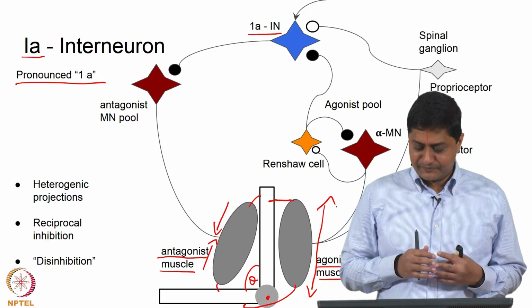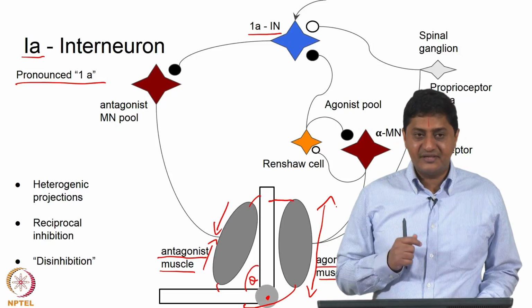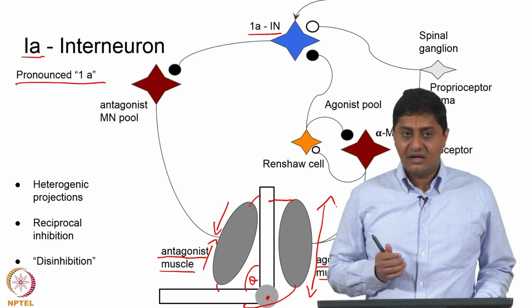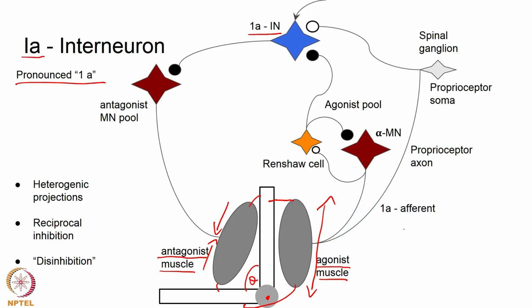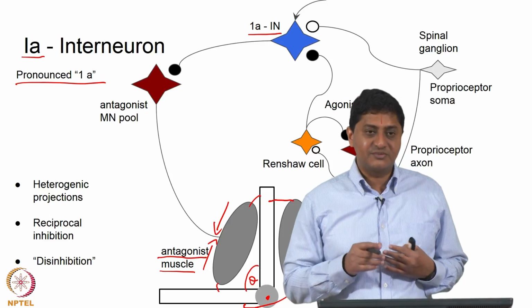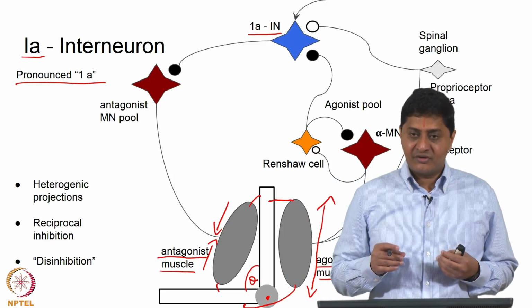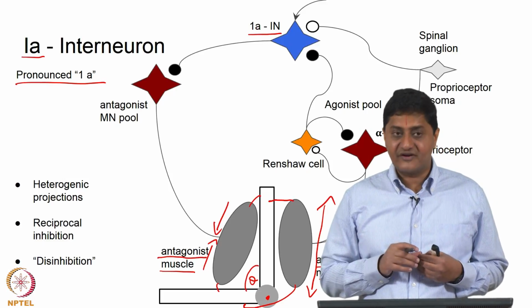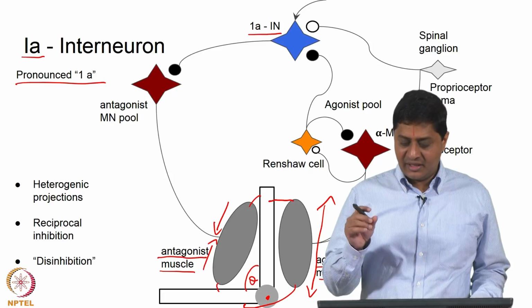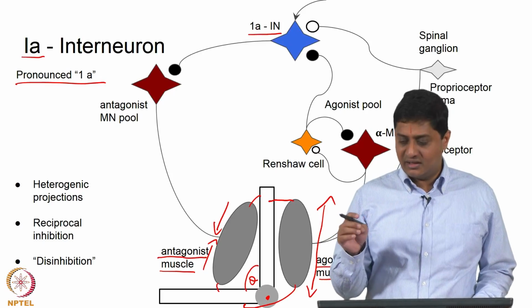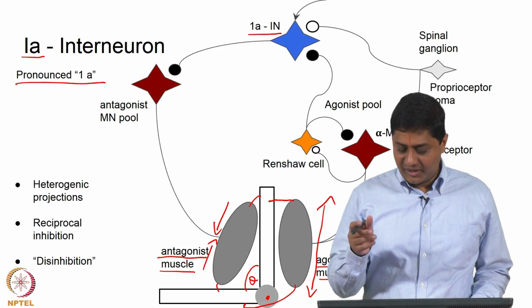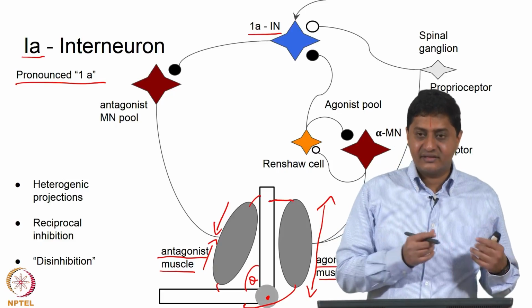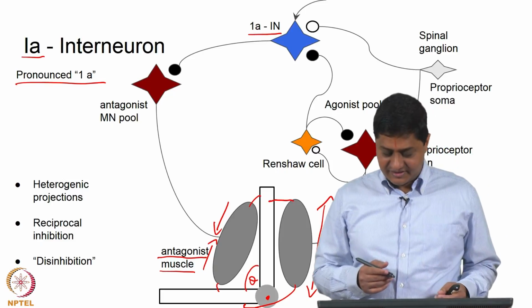These are of two types, primary spindle and secondary spindle, or 1A afferent or 2 afferent, is it not. 1A we saw is responsible for detection of both length and velocity, 2 is responsible just for the detection of length. 1A can, depending on the sensitivity of the dynamic and static gamma motor neuron, act either as a length sensor or as a velocity sensor. This is what we saw.